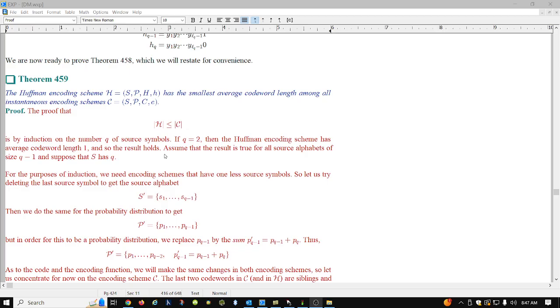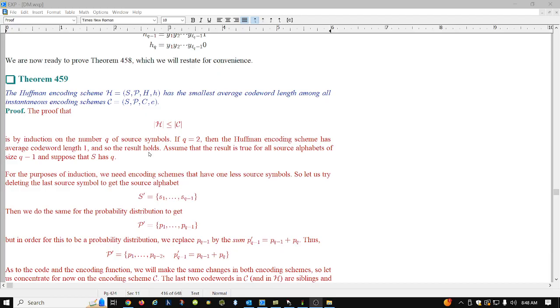So we'll assume that the result is true for all source alphabets of size Q minus 1, and suppose that our source alphabet has size Q. In order to apply the inductive hypothesis, we need encoding schemes with one less source symbol, so they have size Q minus 1, and we can use the inductive hypothesis.